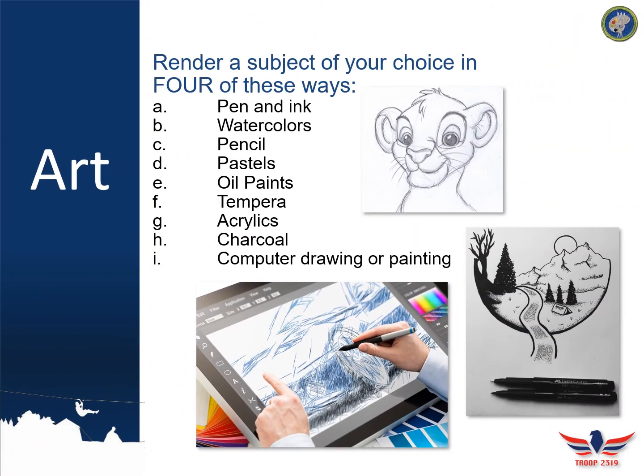For requirement 4, you need to render a subject of your choice in 4 of these ways: pen and ink, watercolors, pencil, pastels, oil paints, tempera, acrylics, charcoal, computer drawing, or painting. If you're doing this merit badge at home, I recommend doing pen and ink, pencil, computer drawing or painting, and whatever else you can find. Remember to keep these works of art and bring them to your merit badge counselor so that they can sign off on this requirement.